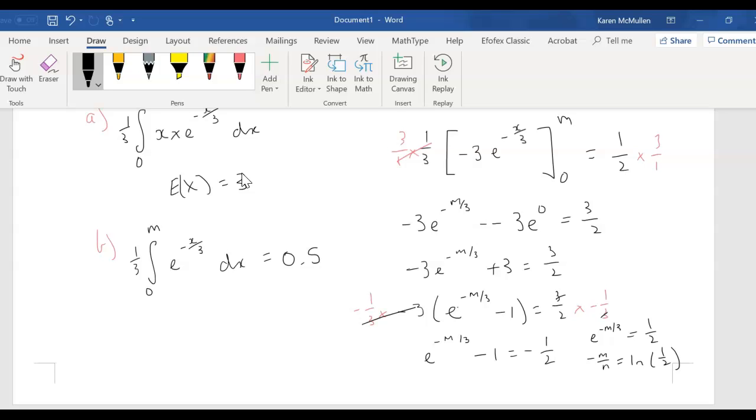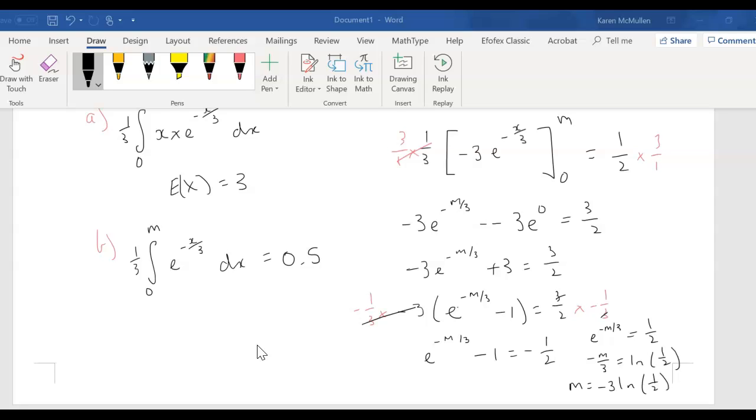Okay, tiny little 3 down there. And then if I multiply both sides by negative 3, m is equal to negative 3 log half base e.